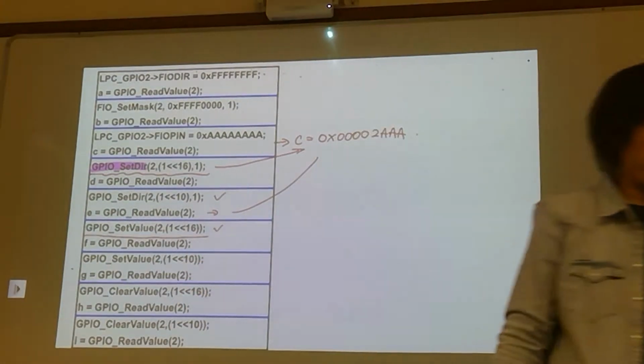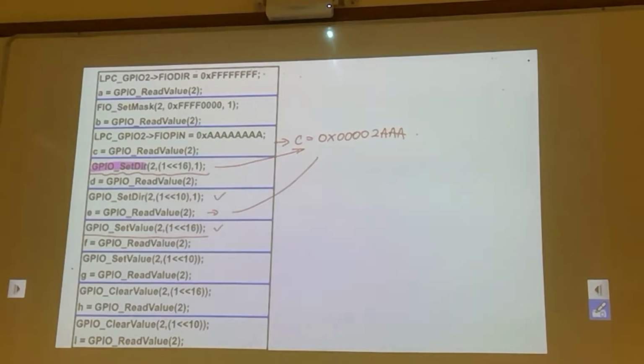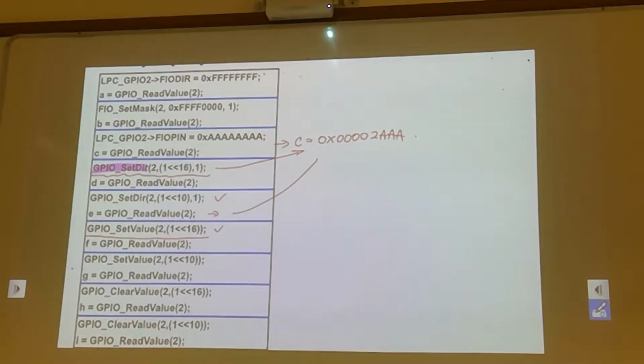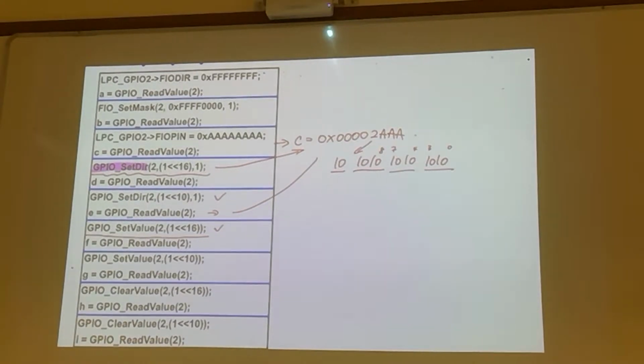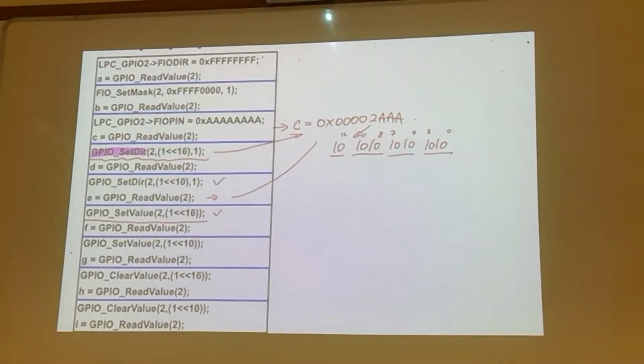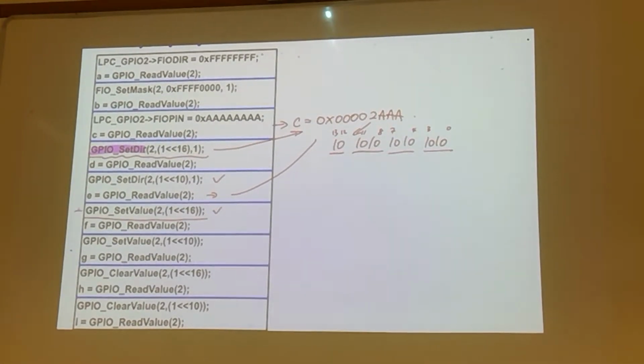What will be the value for F? You need to always remember that here, 1010, 1010, 1010, 1010. This is pin 0, pin 3, 4, 7, 8, 11, 12, 13.